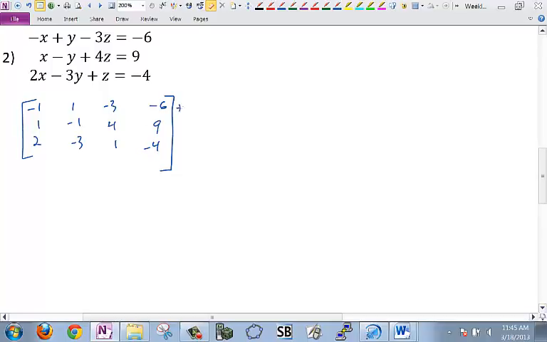I can multiply this first equation by a 2 and add it to the third equation. So I'm going to have -1, 1, -3, -6, 1, -1, 4, 9, 0, -1, -5, and -16.